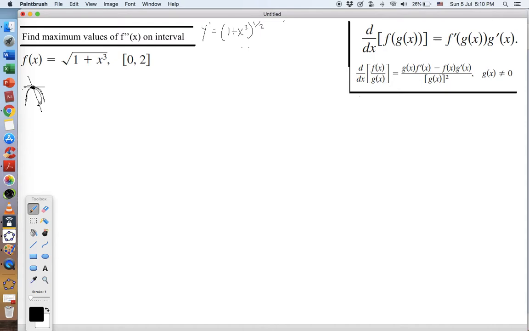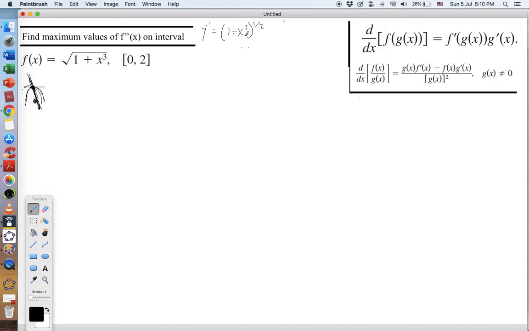And so then the slope of the slope of the slope goes like that. The slope of the slope of the slope is equal to 0 at that point. And so to find our first derivative, we're going to use the chain rule.